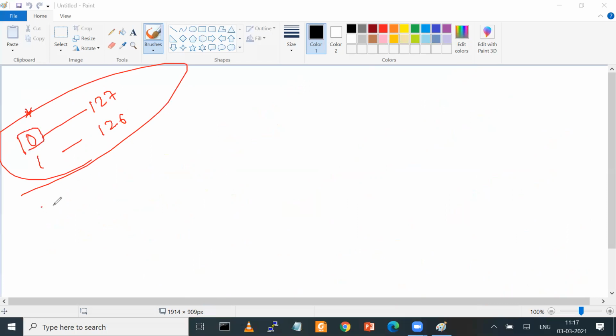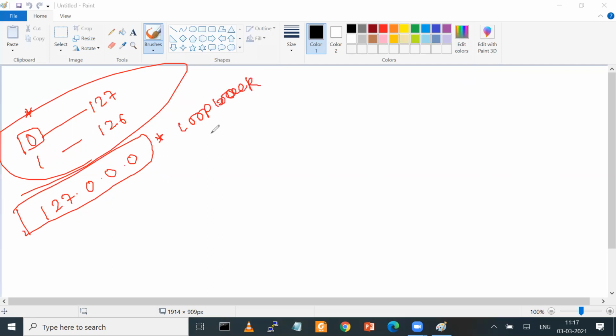0 is not valid. If someone asks about the 127.0.0.0 range, the whole range of 127.0.0.0 is for loopback. In class A, we have the 127 range, which is for loopback testing. What is loopback testing? I'll explain it. First, I'm going to write the whole range of class A loopback.